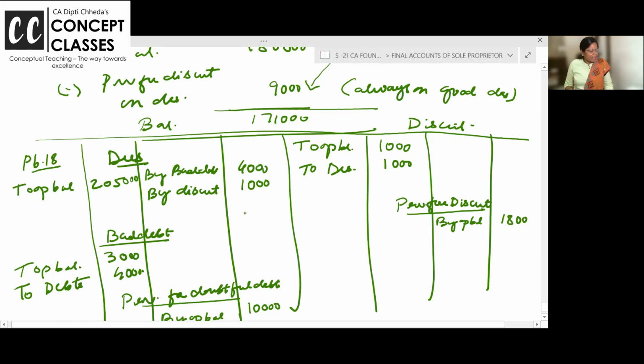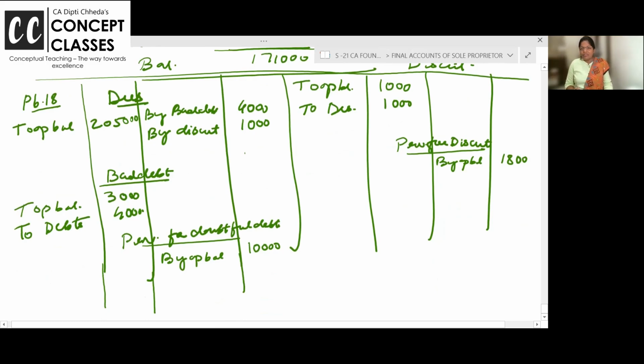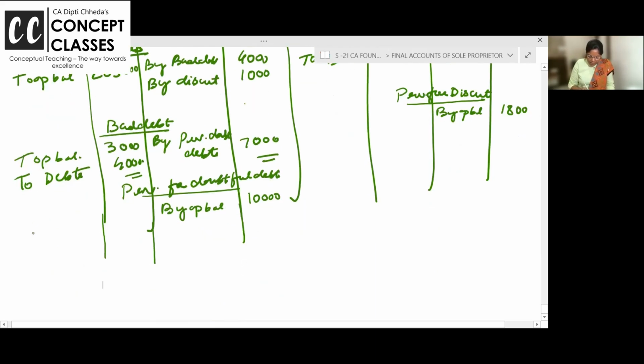And this bad debt, listen all of you, generally bad debt is transferred to P&L account. But this time you have already made provision for doubtful debts. So you transfer there, to provision for doubtful debts, 7,000 bad debt.